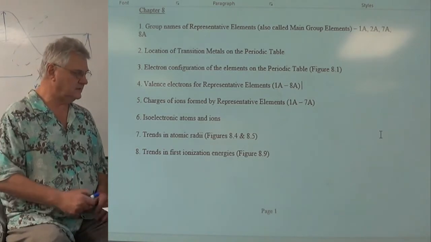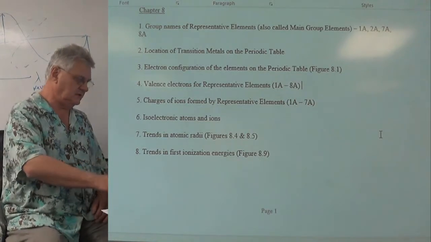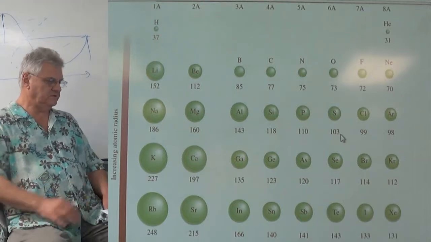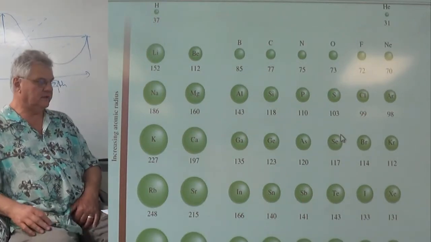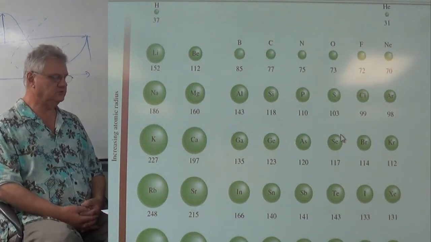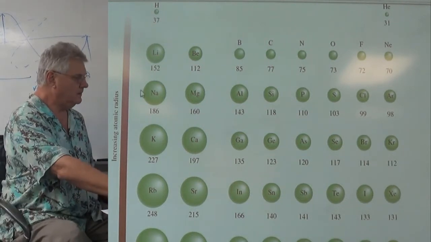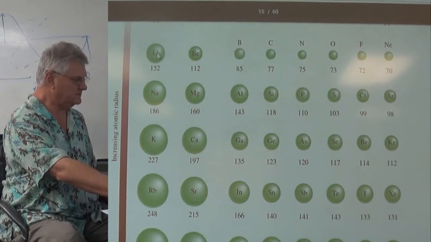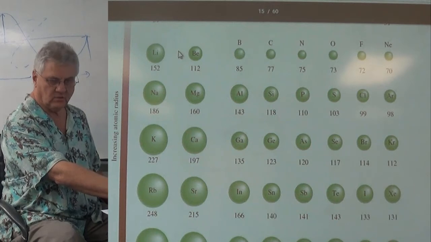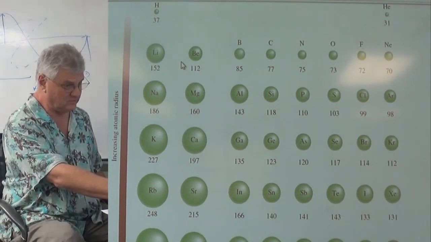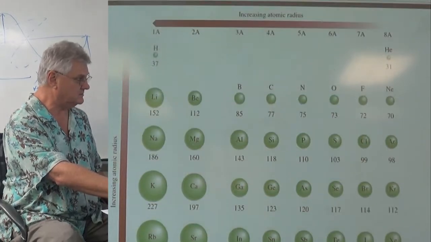Oh, trends in atomic radii and trends in first ionization energy. Okay, we mentioned this before. We're looking at trends in atoms. Generally speaking, when you go down a group, this is pretty obvious. Going from hydrogen to lithium, we're only adding 2 electrons.